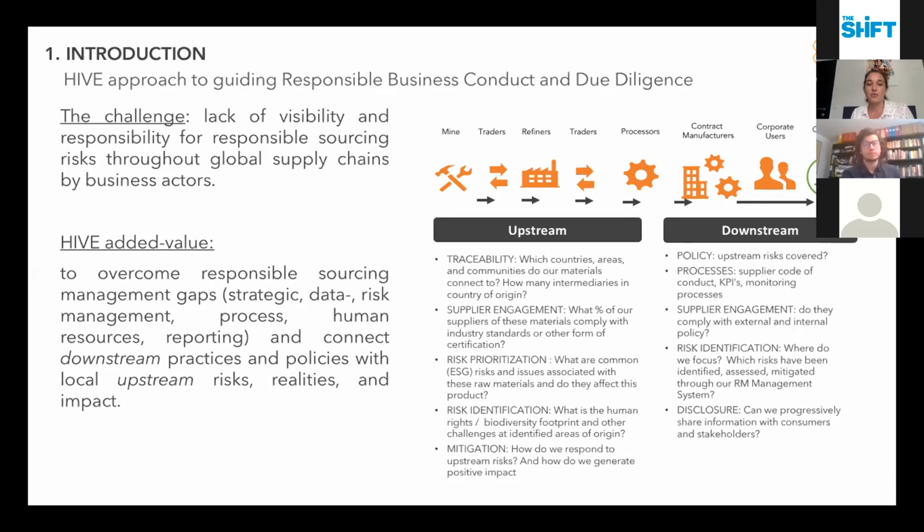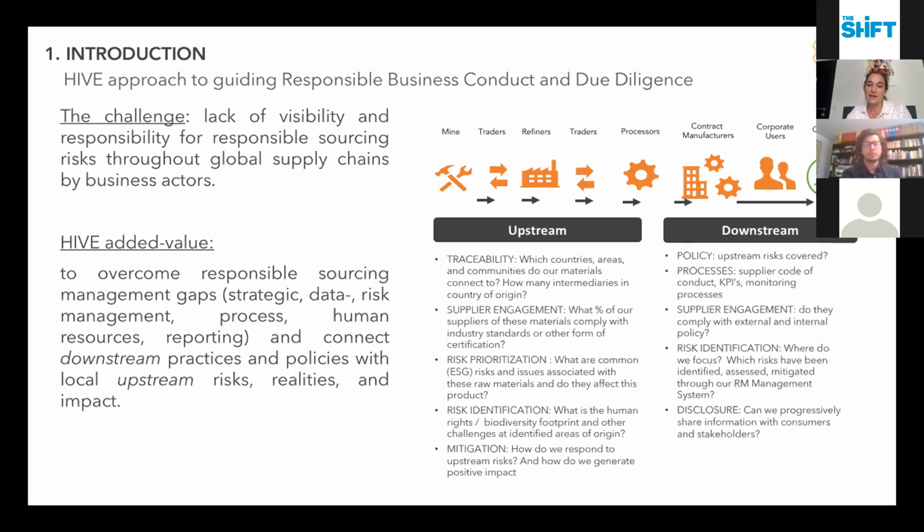But I think when it comes to risk identification, it cannot be seen apart from these internal channels and clear roles and responsibilities, a very cross-functional approach where you really collaborate with different teams, not only procurement, but also supply chain, legal, and of course, the sustainability team.